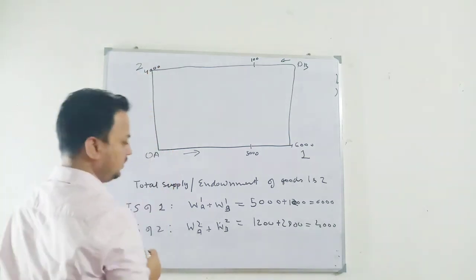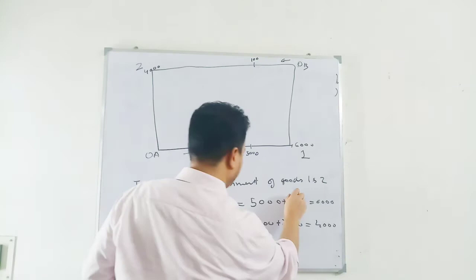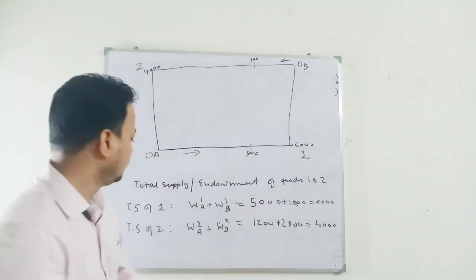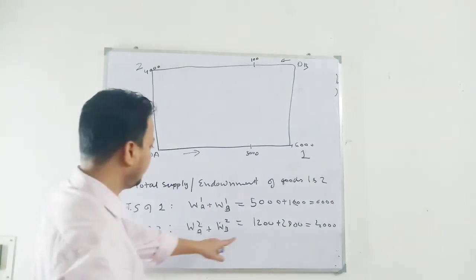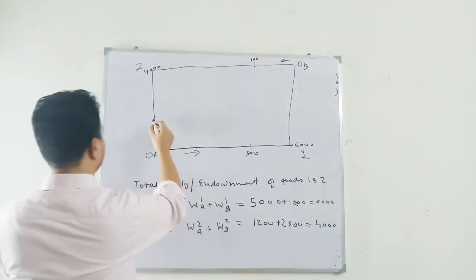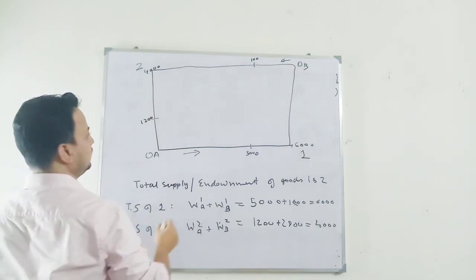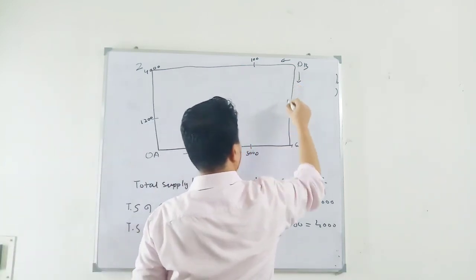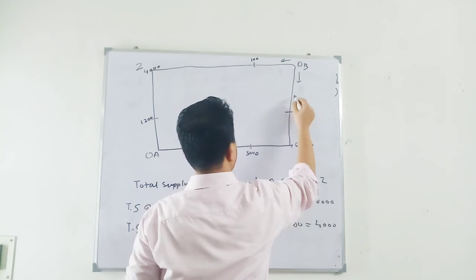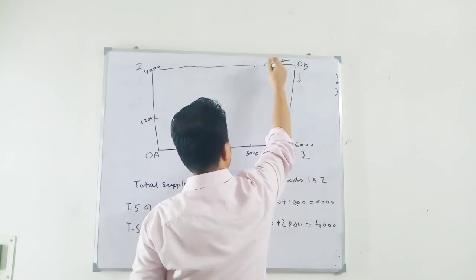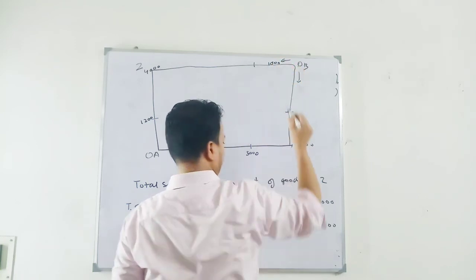The endowment of good 2 with consumer A is 1,200, so suppose this is 1,200 out of 4,000. So the remaining will be on this side, 2,800.